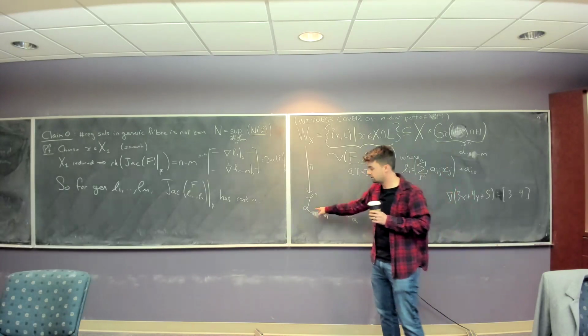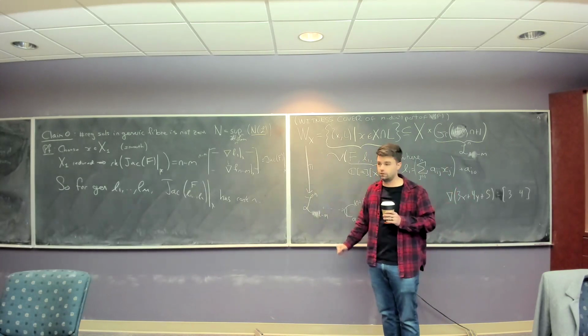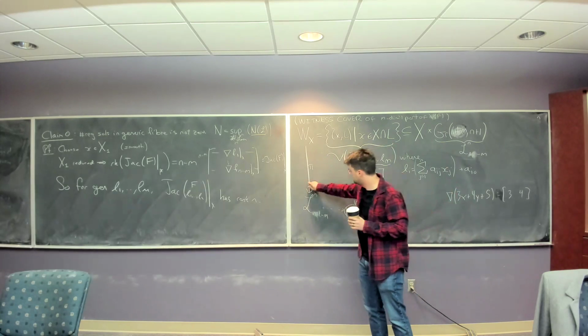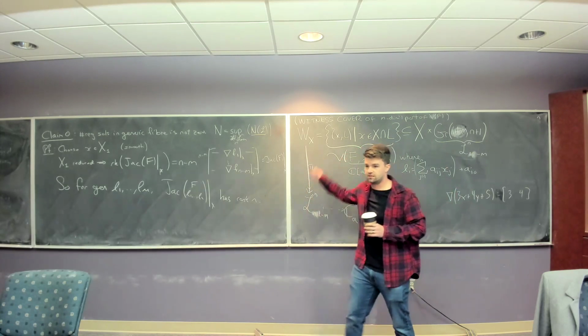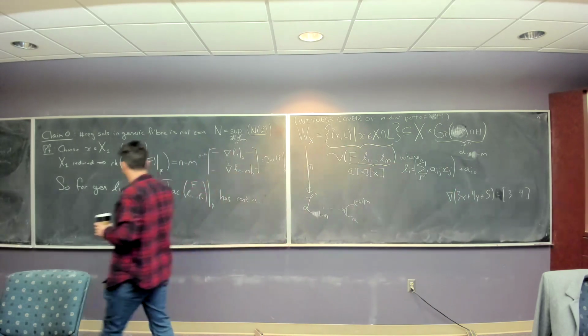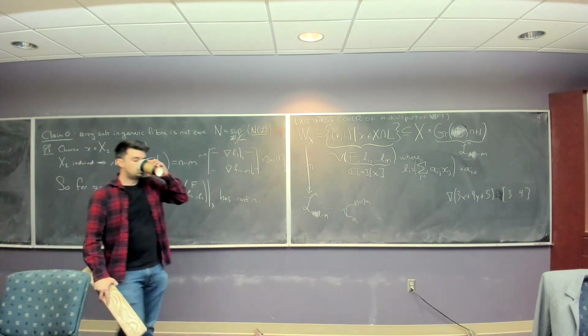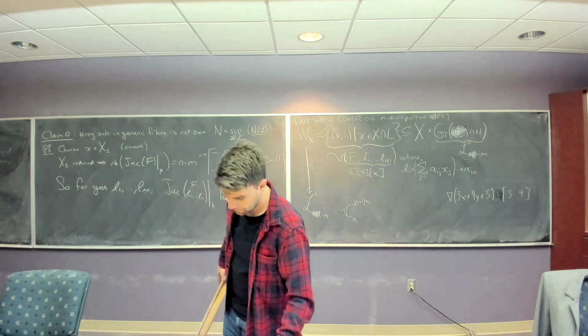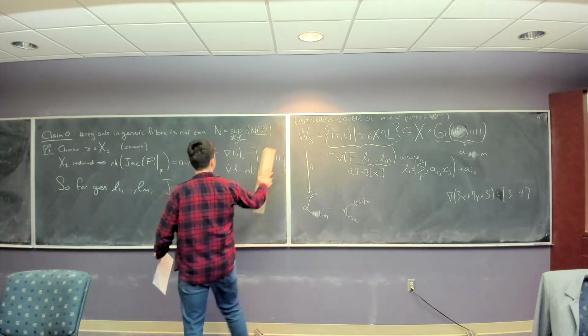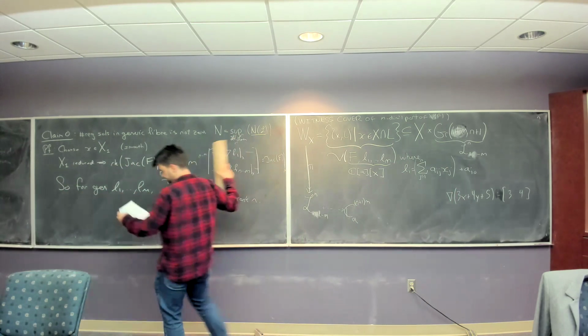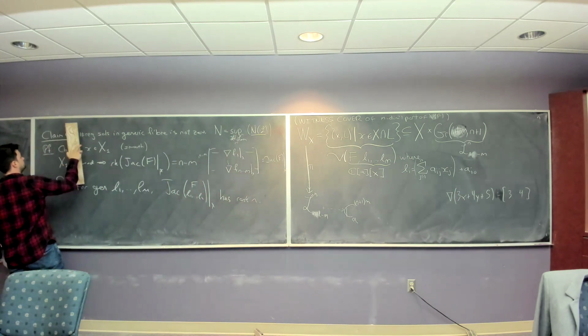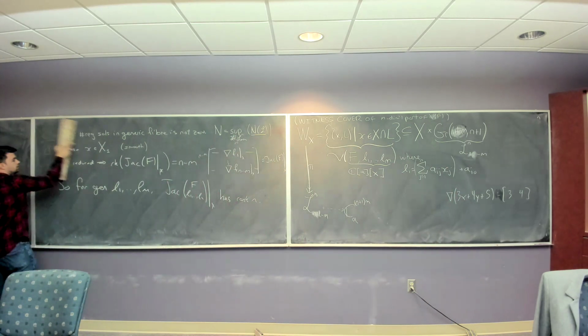So if I pick a generic point down here, I will have a regular point of the fiber. In other words, this is dominant, essentially certain. Okay. Great.